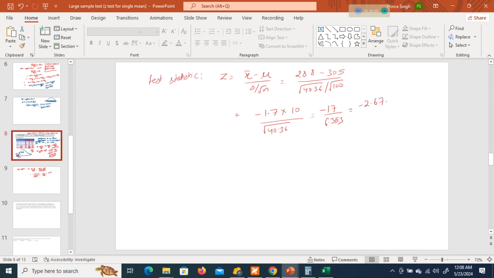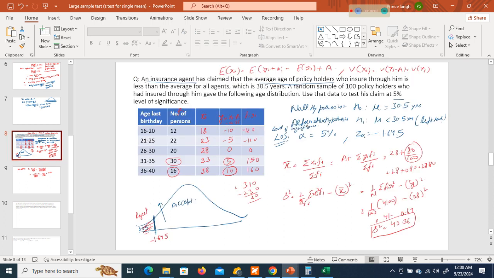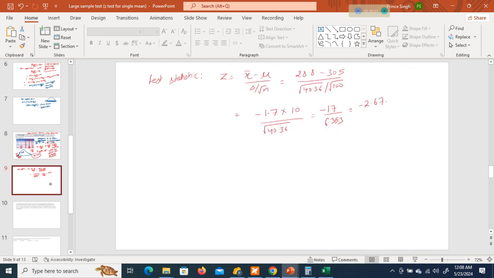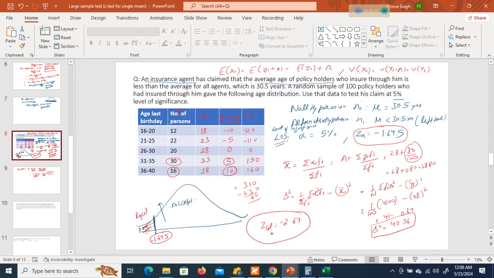And if you can see here, the value of test statistic z alpha, that is the critical value, is minus 1.645. So minus 1.645 is the critical value, and the calculated value of z is minus 2.67, right? So definitely this value is smaller than this value, means this value falls in the region of rejection.